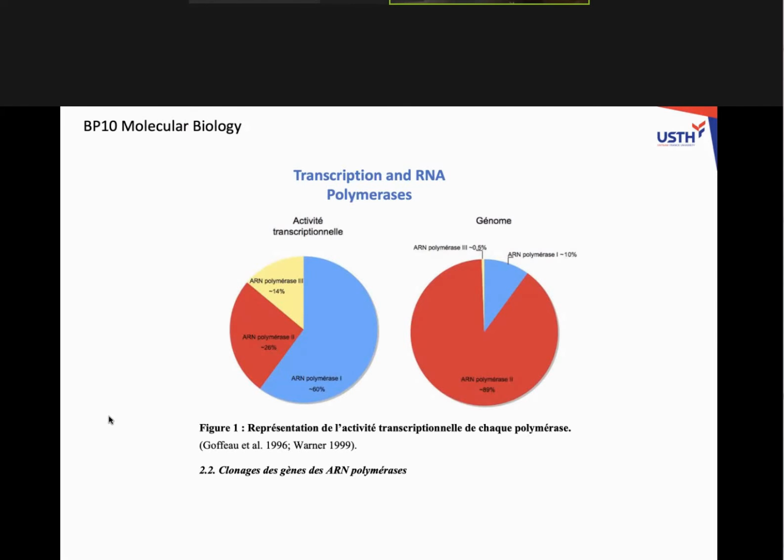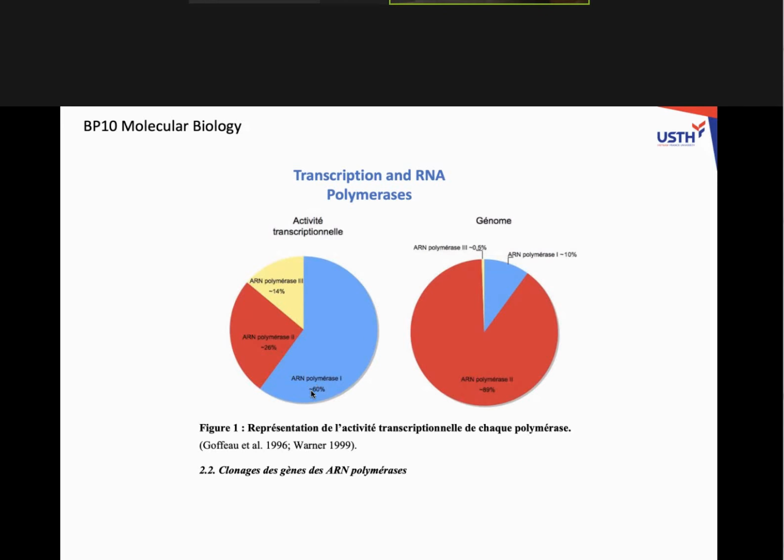One general comment about transcription. This chart is very interesting to me. You have a color code, yellow, red, and blue, which is related to which RNA pol we are talking about. On the left, sorry, it's in French just at the top, but I think it's completely understandable, you've got the transcriptional activity of the 3 polymerases.